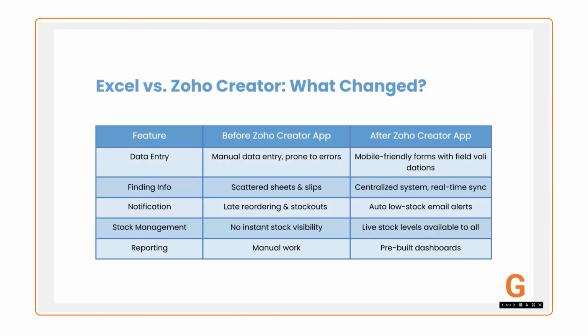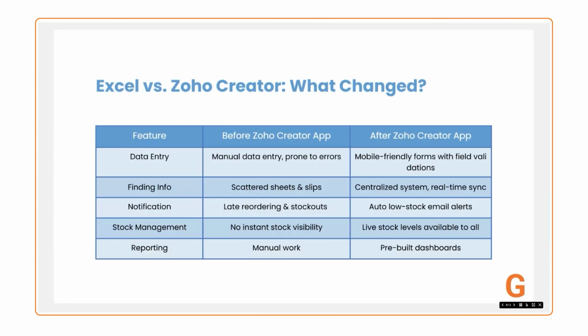Before we actually get into the system, which is the next part of the show, let me show you the main differences that happened over here. When we talk about data entry with Excel, everything was manual. Whereas with the application, you had validation fields, so you could make sure that the right information was being maintained when it comes to data entry.